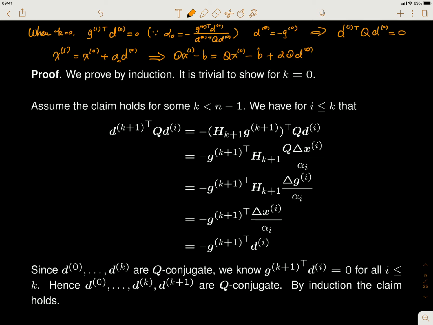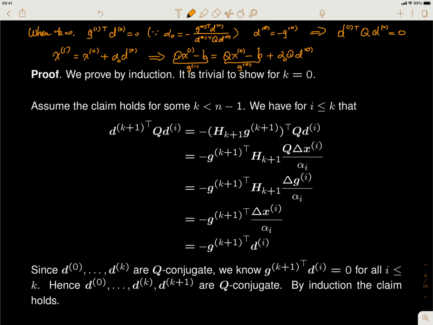Right? And then recall that this part is G1, and this part is the G0. So that means G1 minus G0 equals alpha 0 Q D0.